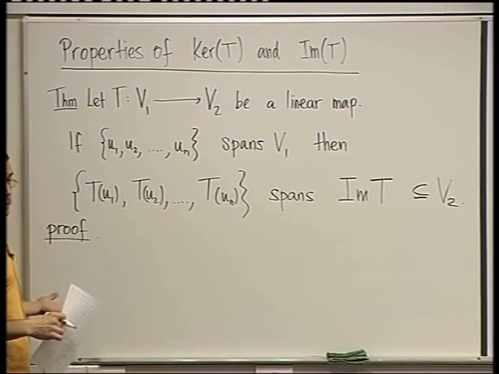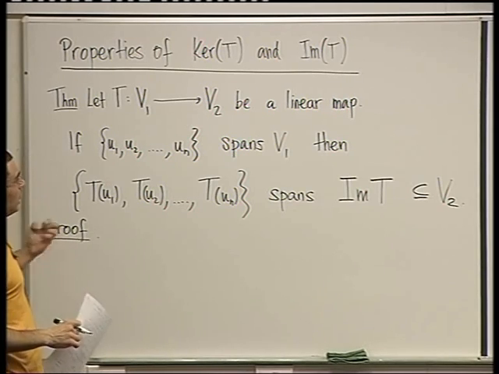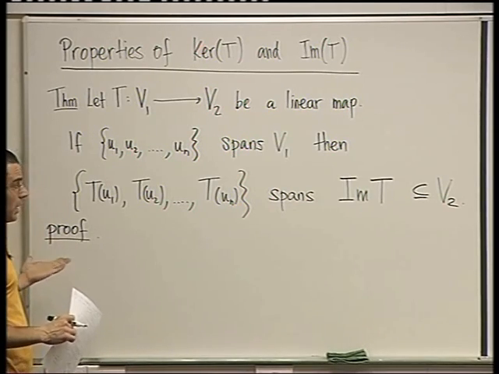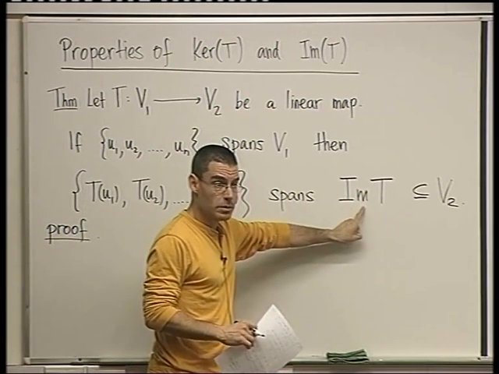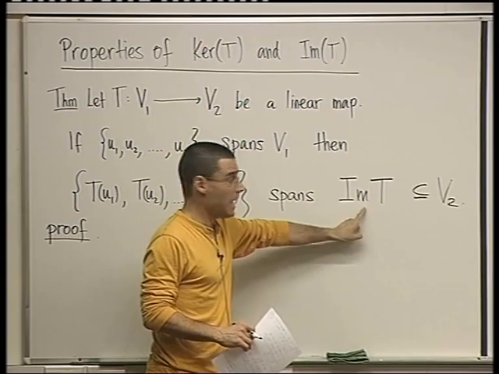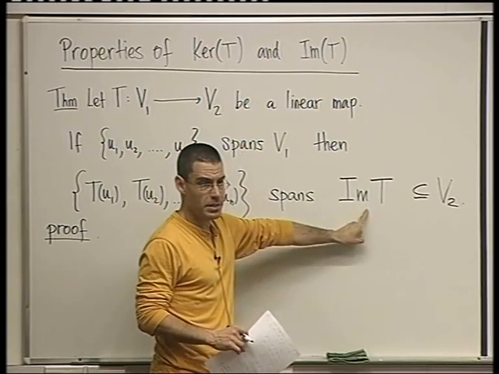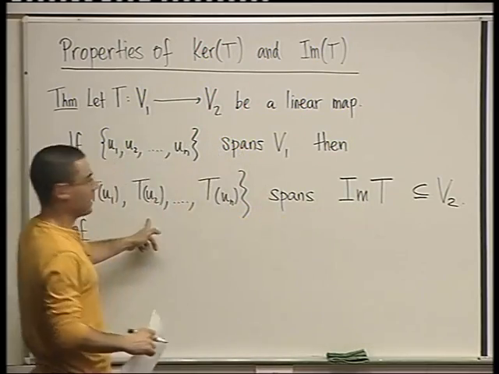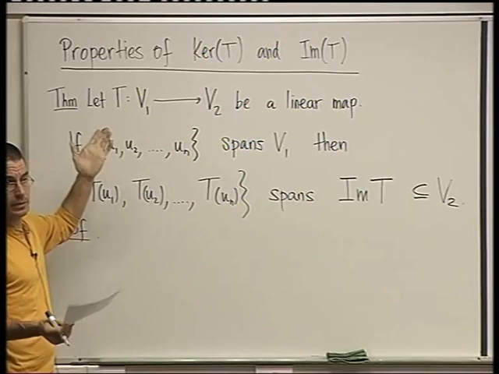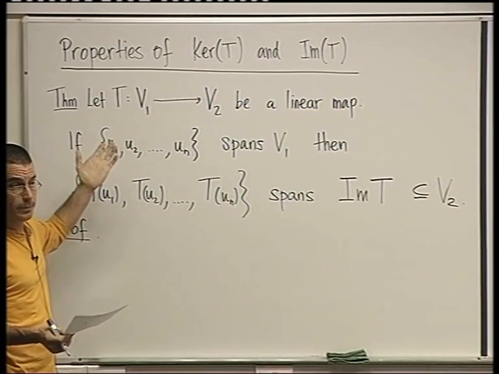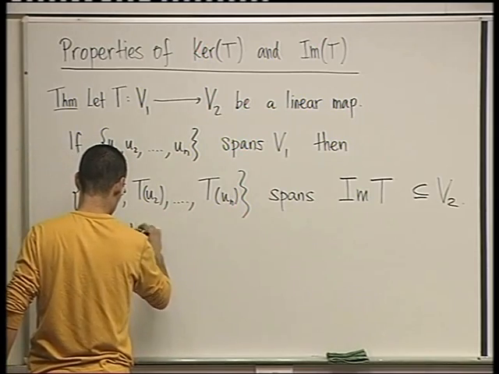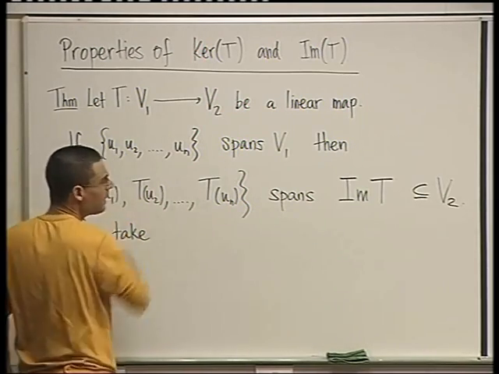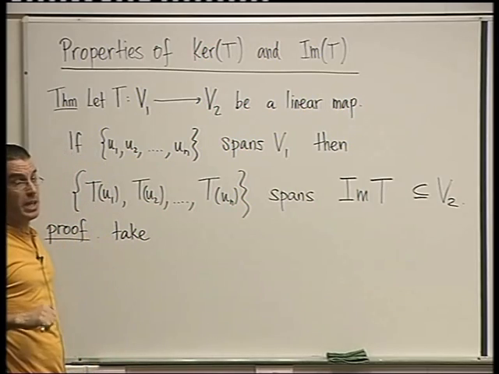So how do I prove something like this? What's the logic behind it? Not much. I'm going to take an element in the image, and show that this general element in the image is a linear combination of these guys. That's all I need to show. Do you agree? So take somebody in the image. What does somebody in the image look like?